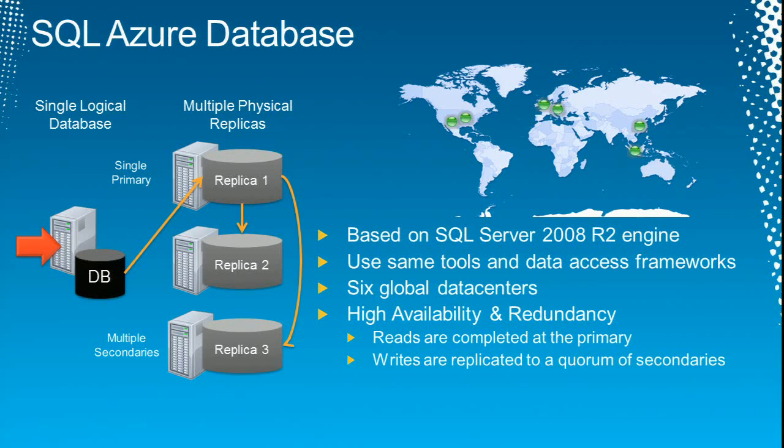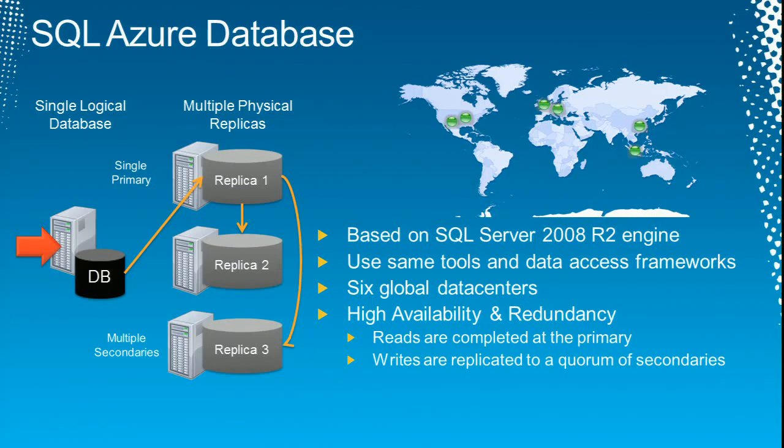We have, however, made some changes to the engine. We've made changes from a replication, a fault tolerance, and availability perspective. Inside the system, when you get exposed to an actual database, behind the scenes there's actually 3 copies of that database. We have a primary replica and 2 secondary replicas.